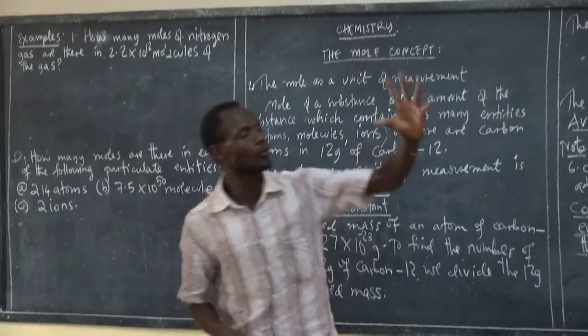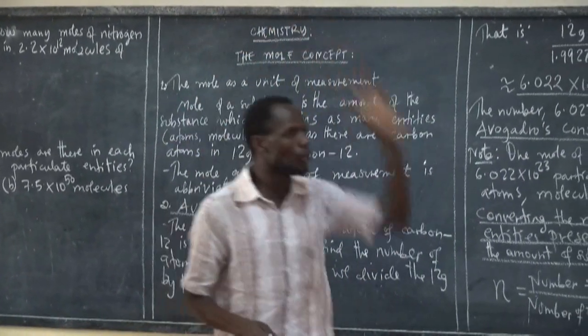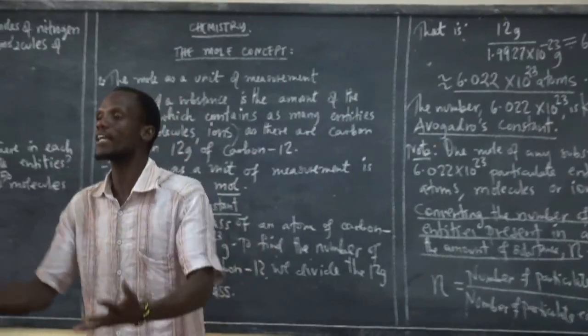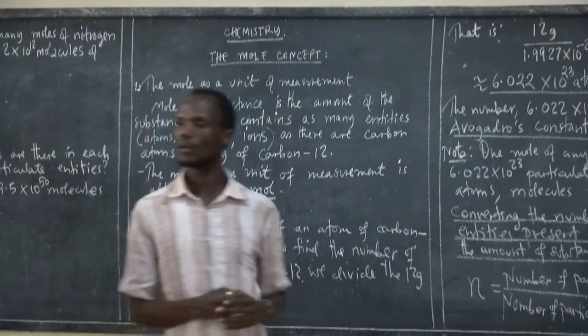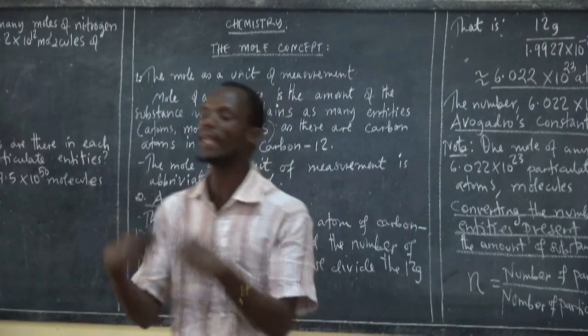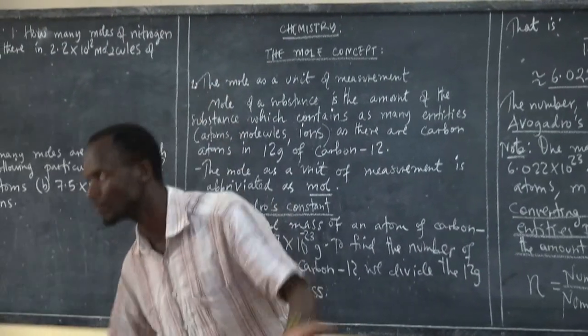If I have 12 dozen, that means 12 times 12, which tells how many items I have in my hands. So this was designed to simplify the counting and expression of things which are many at the same time.